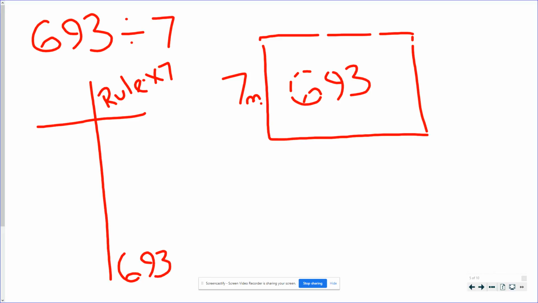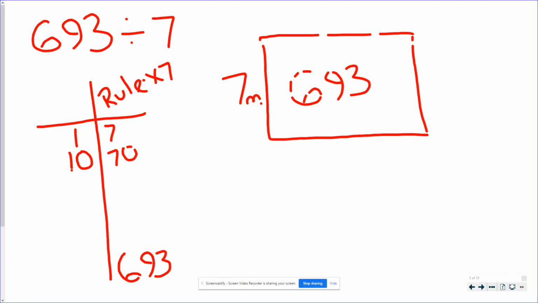My kids know to always start with something simple. So if the rule is times 7, we are going to look at, well, 1 times 7 is 7. Then we want to look at another easy jump. A lot of times my kids will say, why don't we do 10? 10 is an easy jump. 10 times 7 equals 70.